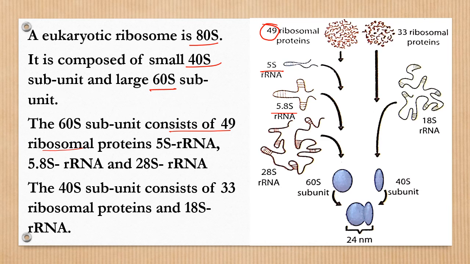Now, the 40S subunit, the smaller subunit, consists of 33 ribosomal proteins and 18S RNA.